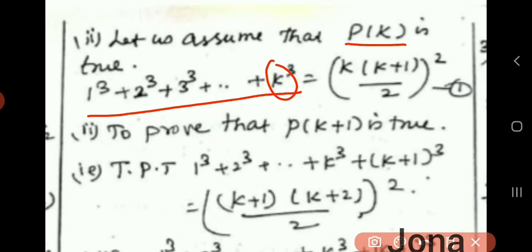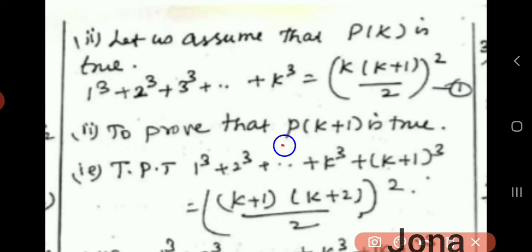So k cube equal to k into k plus 1 divided by 2 the whole square. This is P of k. And then if P of k is true, we have to prove P of k plus 1 is also true.